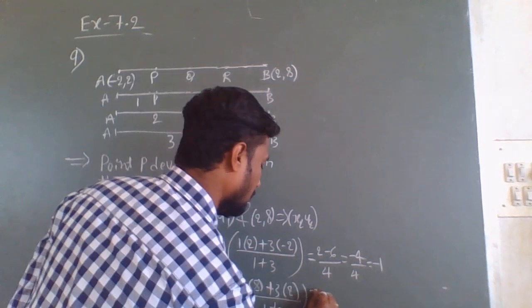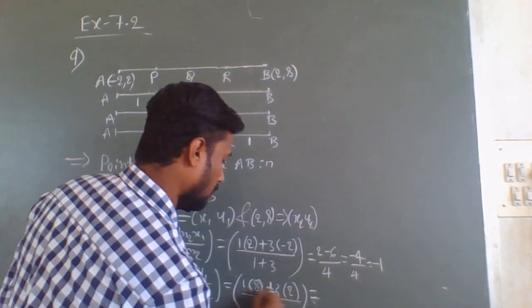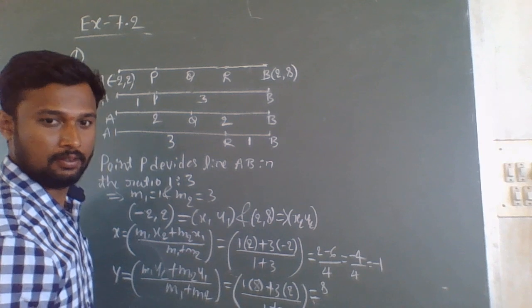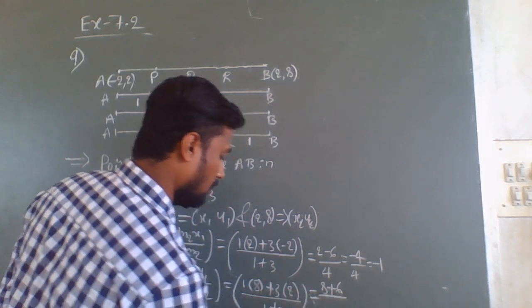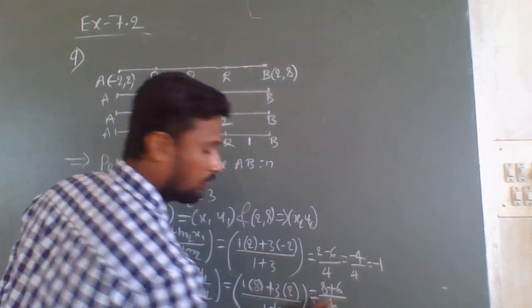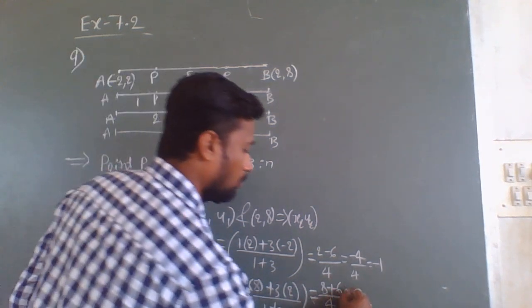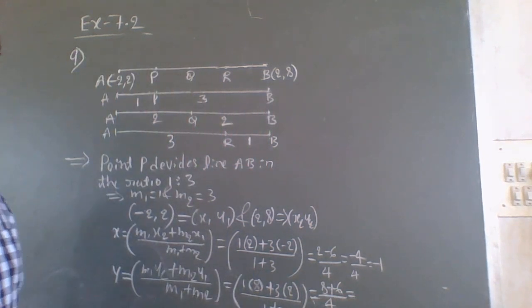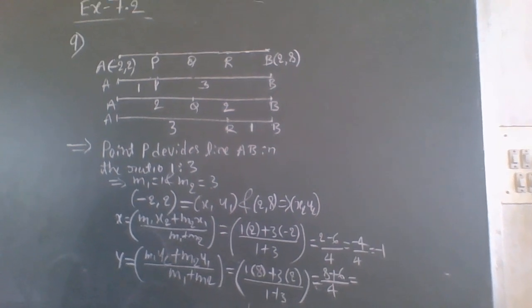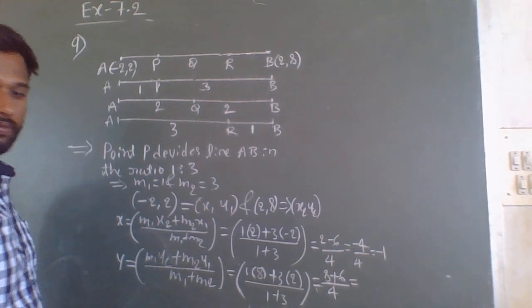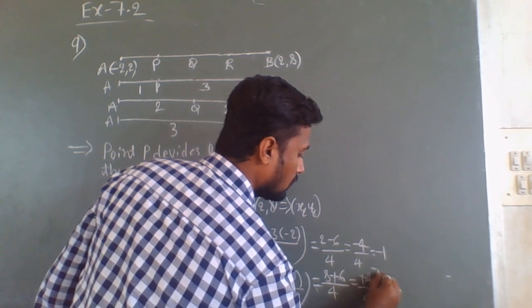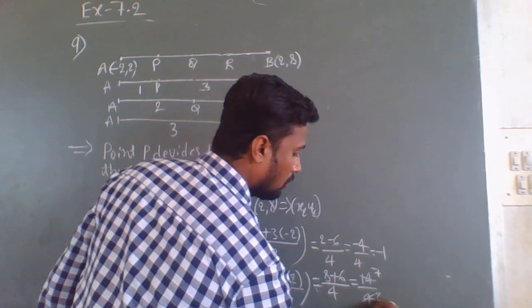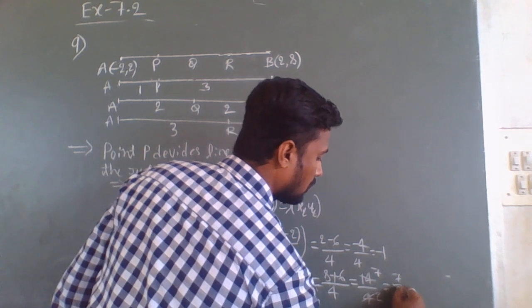Here I will write 1 into 8, 8, 3 into 2, 6 divided by 1 plus 3, what will we get? 4. So 8 plus 6 means 14 divided by 4, 2 7s are 14, 2 2s are 4. This is equal to 7 by 2.